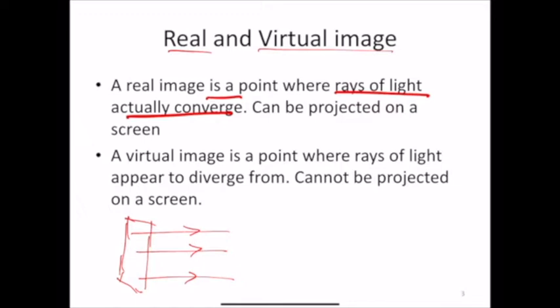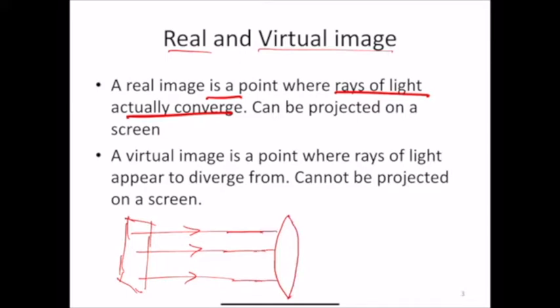All right, so with that in mind, we have some parallel rays of light coming in. And suppose we pass these rays of light through a lens. A lens is just a piece of glass or plastic which is shaped like this. It's got two curved surfaces. We'll talk about that later on in this chapter.